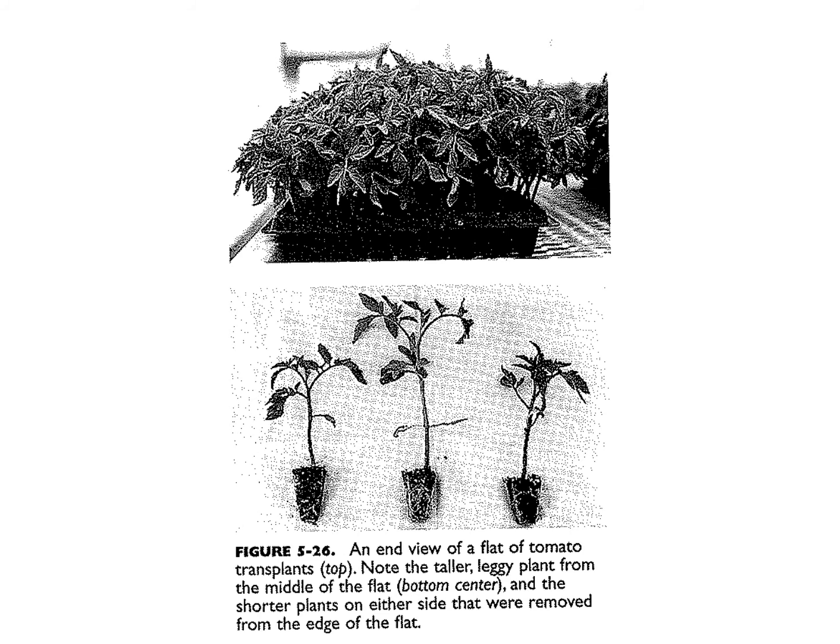So what you're seeing is the tomato transplants that are on the edges get more light. And because they receive more light, they tend to grow a little bit shorter. Whereas the tomato transplants in the center of the flat are shaded by the transplants around them, so they tend to grow taller and leggier.